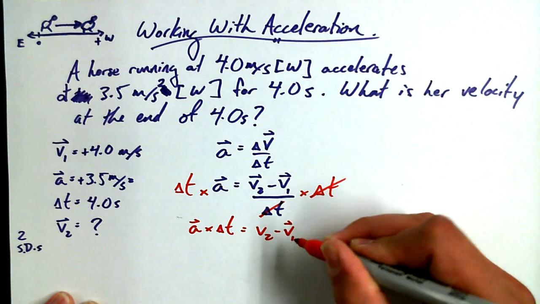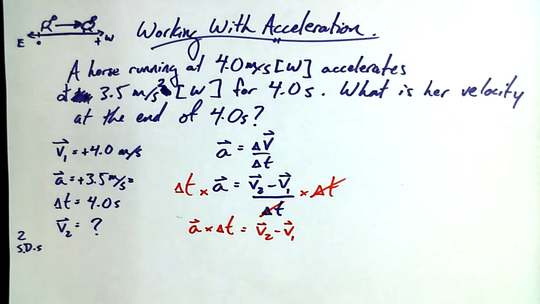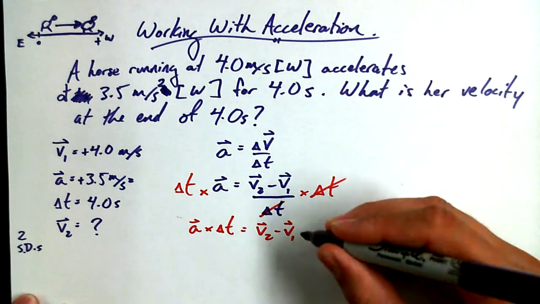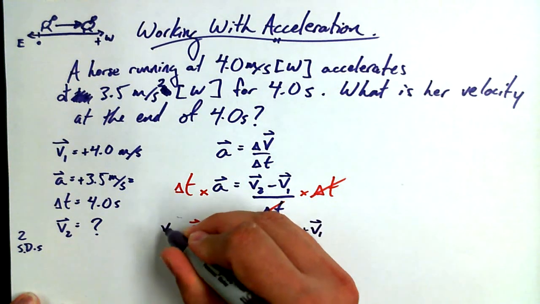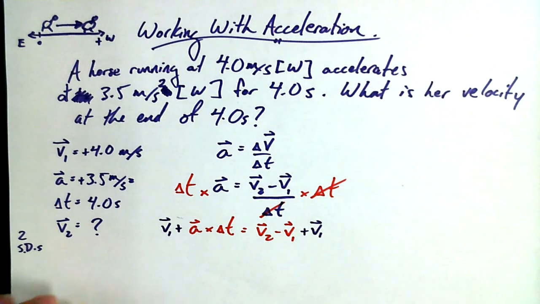But the game's not over yet, because the goal of this game is to get v2 all by itself. What do I have to do to both sides to get v2 all by itself? Yeah, add v1. Okay, so I'm going to add v1 onto both sides.